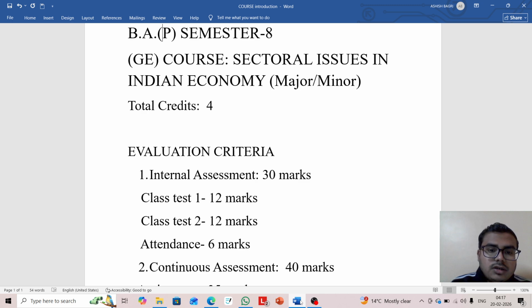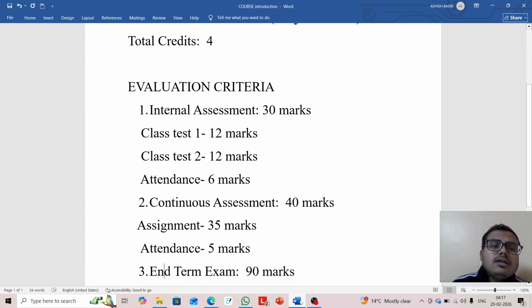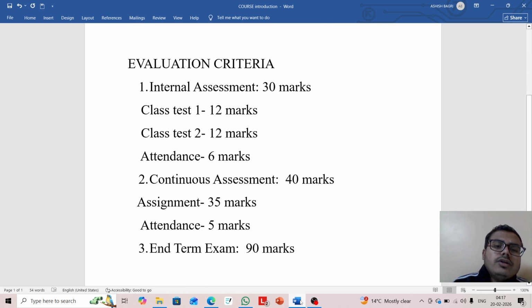Its evaluation criteria is divided into 3 parts: internal assessment, continuous assessment, and end-term exam. Internal assessment is of 30 marks, where we have two class tests of 12 marks each and an attendance of 6 marks. In continuous assessment of 40 marks, we have one assignment of 35 marks and attendance of 5 marks.